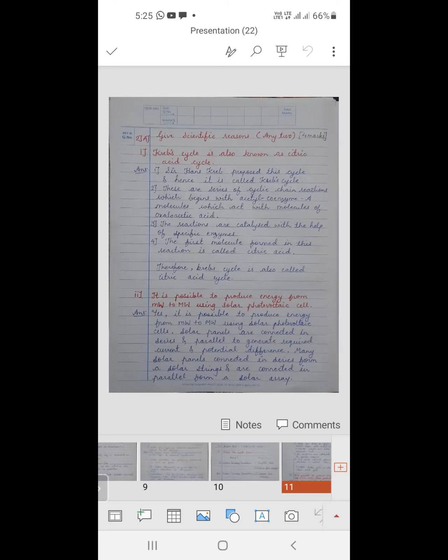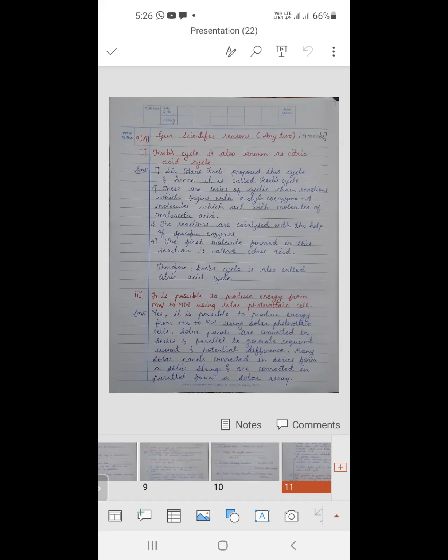Because Sir Hans Krebs proposed this cycle, and on his name, this cycle's name is given as Krebs cycle.